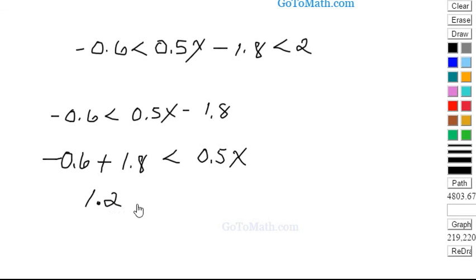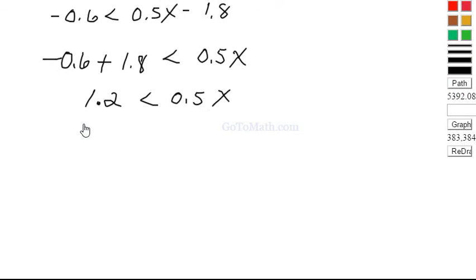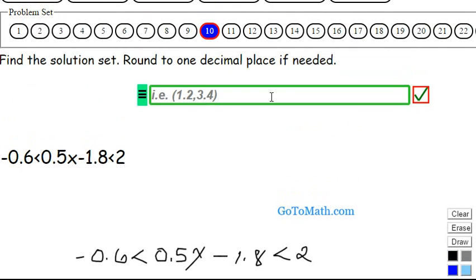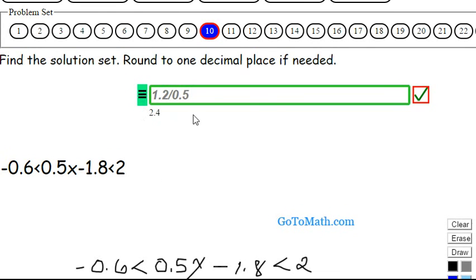Is that right? I hope that's right. 1.2 is less than 0.5x. Okay. And then, of course, this becomes 1.2 over 0.5. 1.2 divided by 0.5 is 2.4.